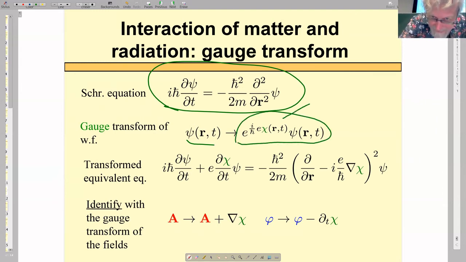I give it a phase factor, so I get a Schrödinger equation for the new wave function. There are extra terms coming from this derivative and that derivative inside.